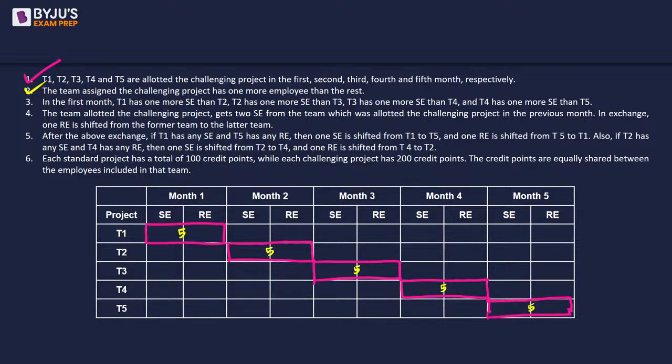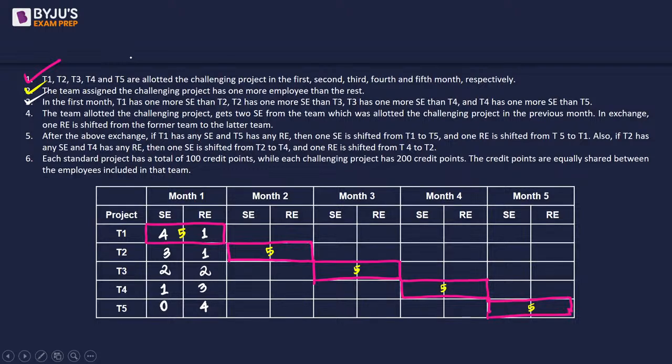So can we say very confidently that this is going to be 0, so that it becomes 1, it becomes 2, it becomes 3, it becomes 4. It will keep increasing by one. Since we need T5's total to be 4, this will be 4. Since we need T4's total to be 4, this should be 3. Similarly 2, similarly 1. Now we need this to be 5, so this is going to be 1. Right? That's what the third statement says.